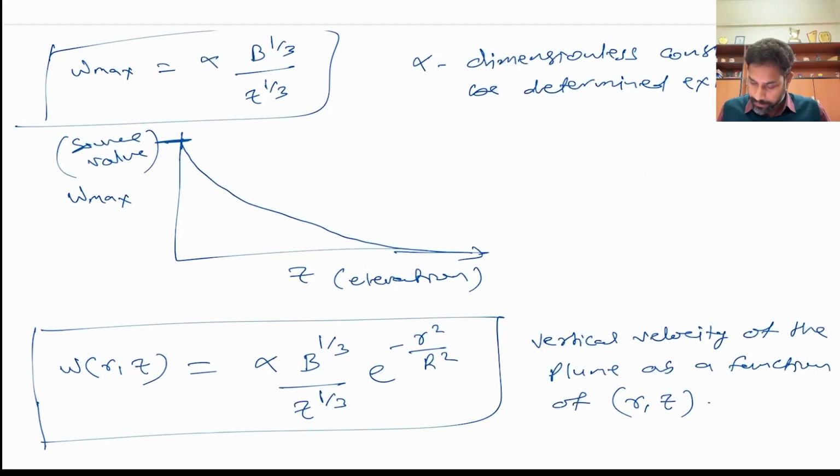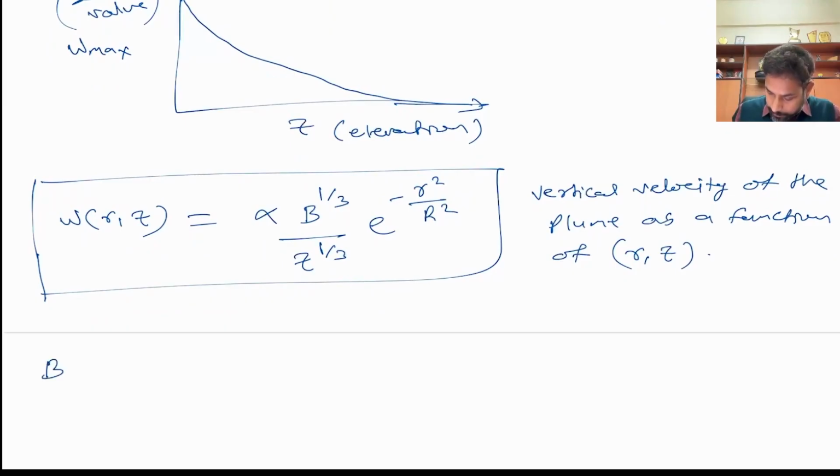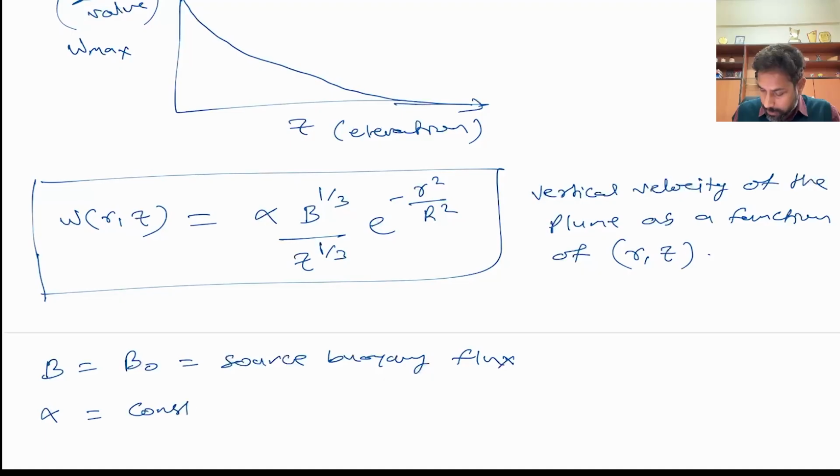And B is the buoyancy flux. So B is the same as B naught, which is equal to the source buoyancy flux. Okay. Alpha is the constant to be determined.